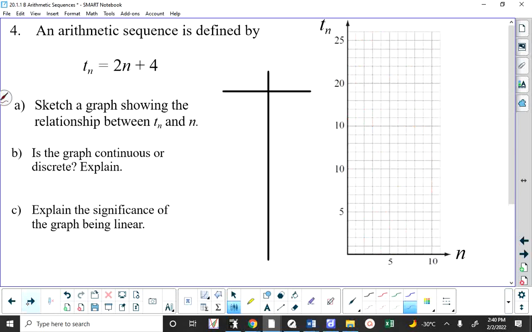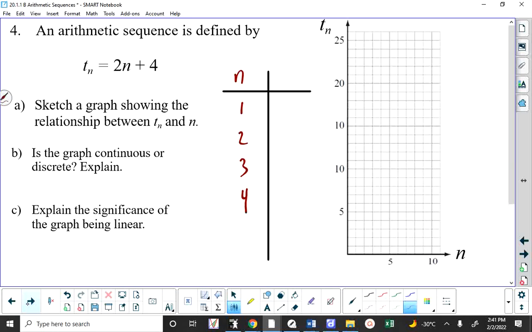All right. So an arithmetic sequence is defined by 2n plus 4. Sketch a graph. So I guess what we want to do, since I have n on the horizontal axis, is I want to start calculating different values of Tn, which goes on the vertical axis, for various values of n.